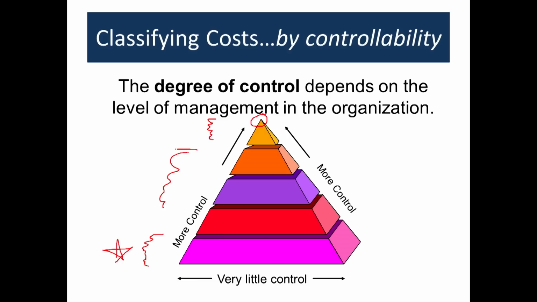Now, there are some examples of things in the middle that you have some control over, but not ultimate control over. I think two examples of that might be your groceries. You can cut down on the groceries that you eat. Maybe you can use coupons. Maybe you can go to Aldi's instead of Hy-Vee, right?